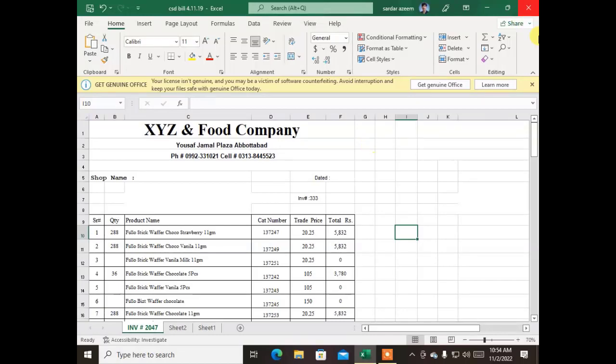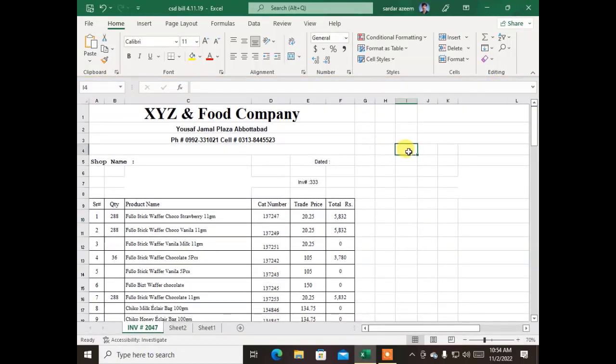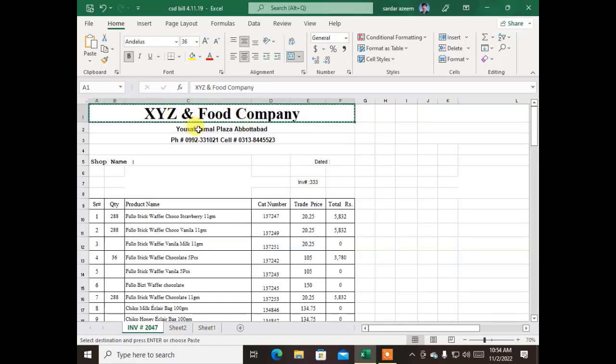Microsoft Excel, today we are going to study a sales bill for a company. How can we create a sales bill? For this purpose, I have pre-made this data, but I am going to rewrite it again for you.